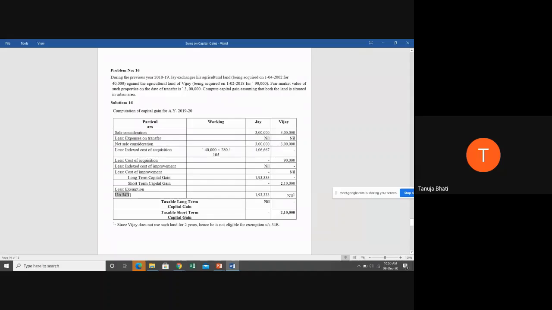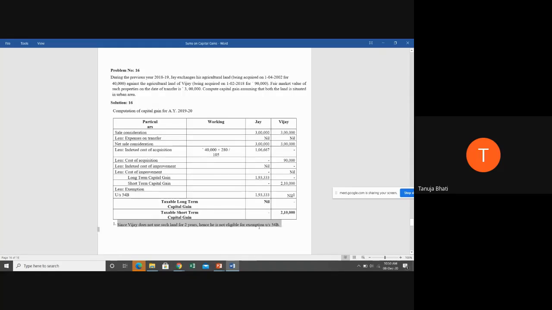What is the amount of exemption given under section 54B? The amount of exemption given under section 54B is the long-term capital gain which he is getting, that is 1,93,333. That is the exemption amount he will get. Therefore, the taxable long-term capital gain in case of J is nil, and the taxable short-term capital gain in case of Vijay is 2,10,000.